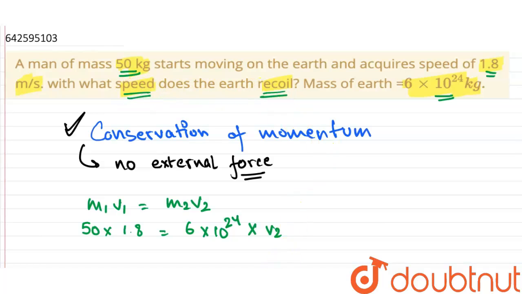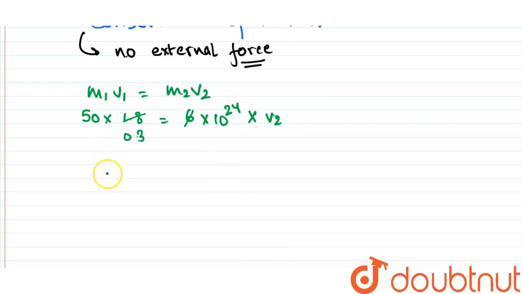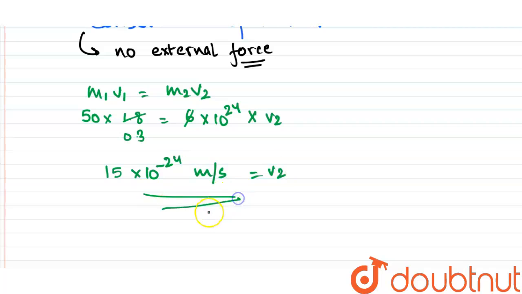So, from solving this we will get 15 into 10 raised to the power minus 24 meters per second equals v2. So this is what? The recoil velocity of the earth.